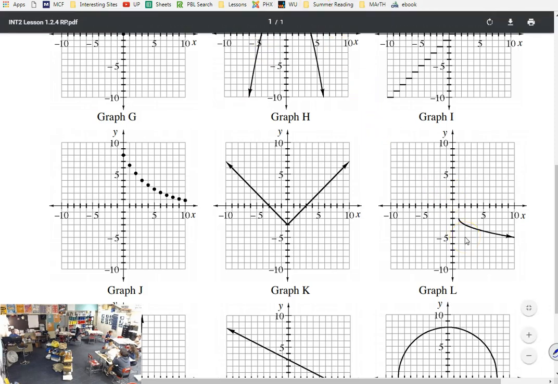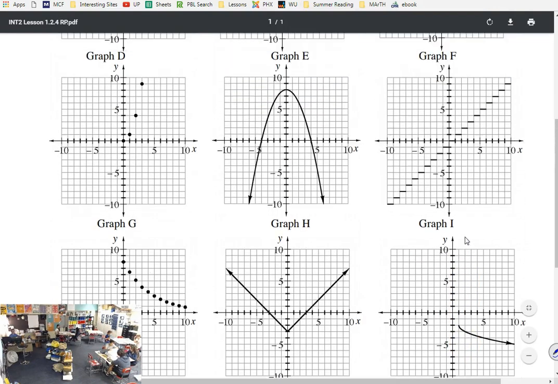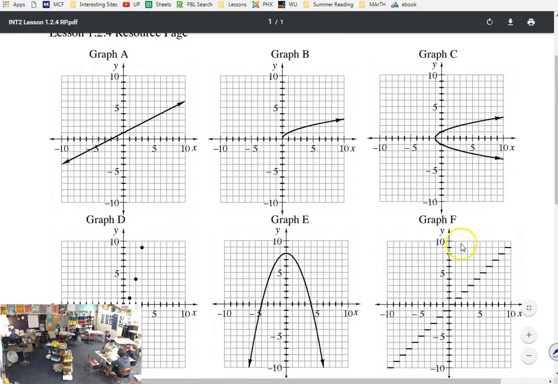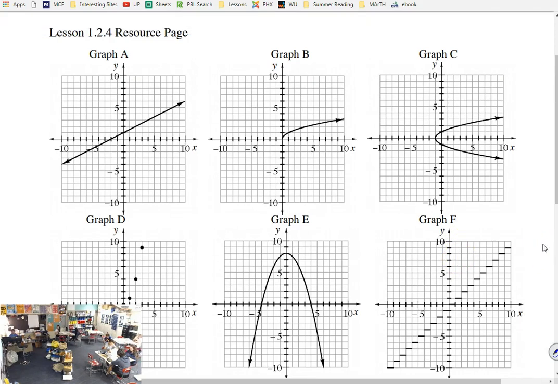Okay, so my graph is a piecewise, and its y-intercept is negative 1, and each step is 1 long, and each step is 1 above the other, and it's linear. Yeah, so like step height, we sometimes call that.